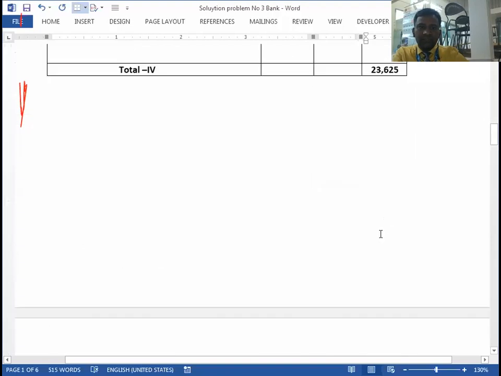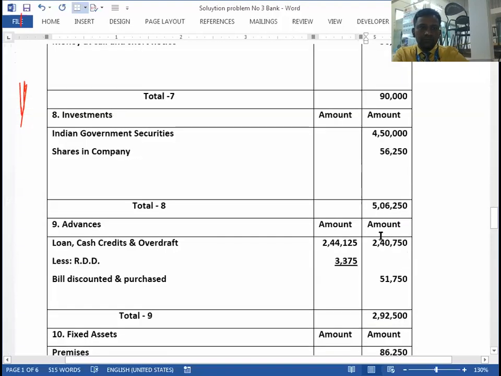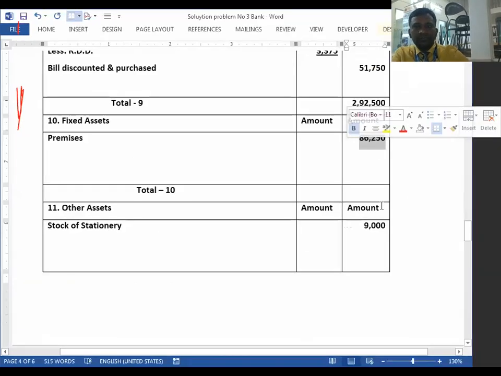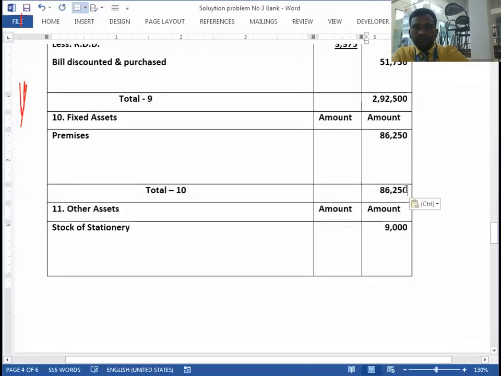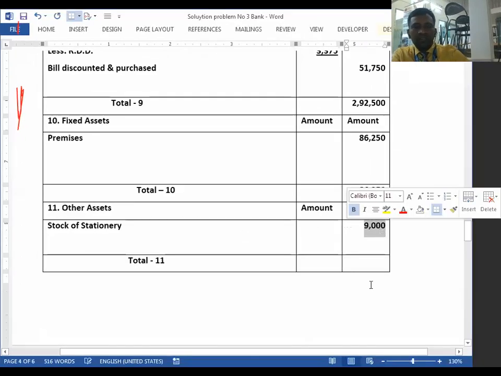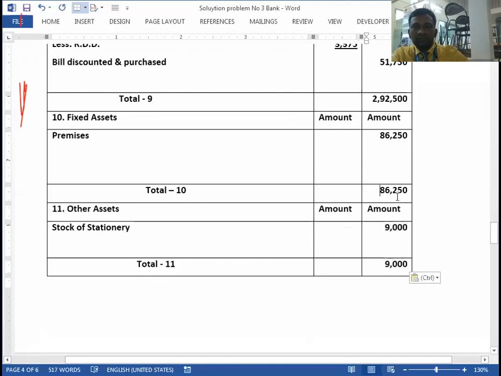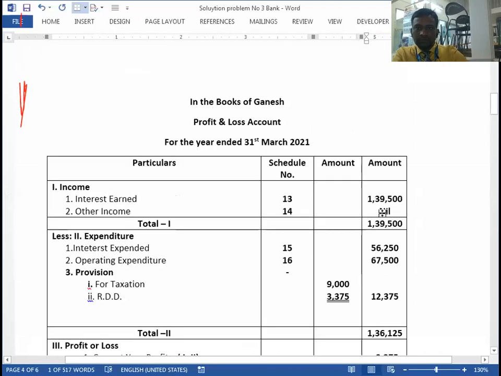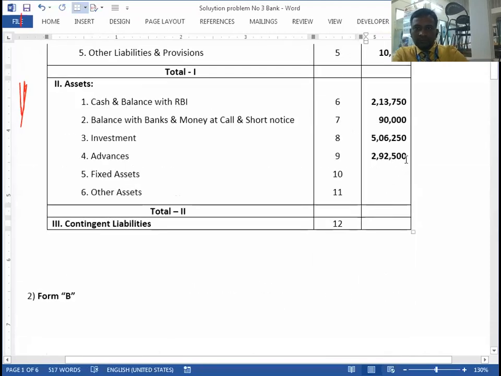Fixed asset 86,250, and current asset 9,000. And contingent liability is nil.